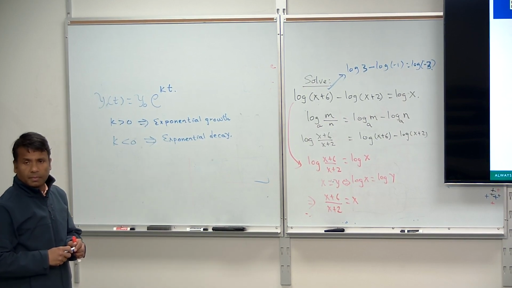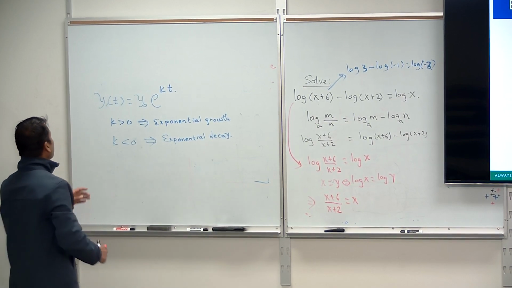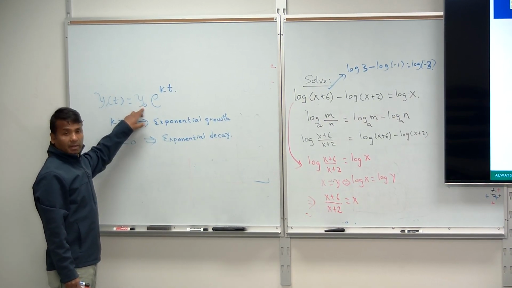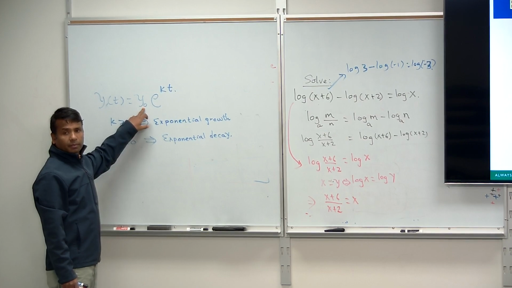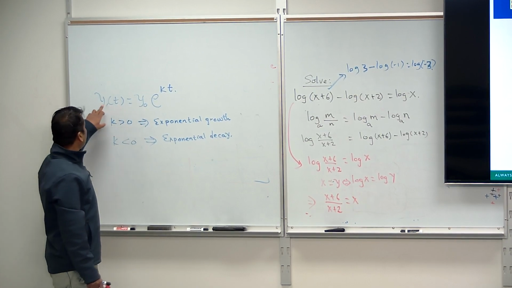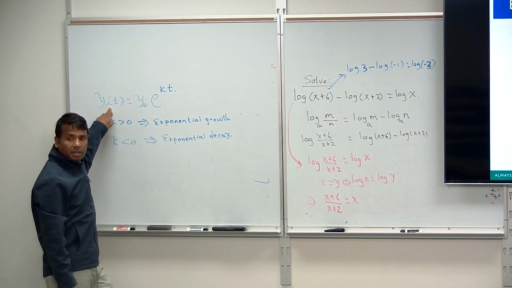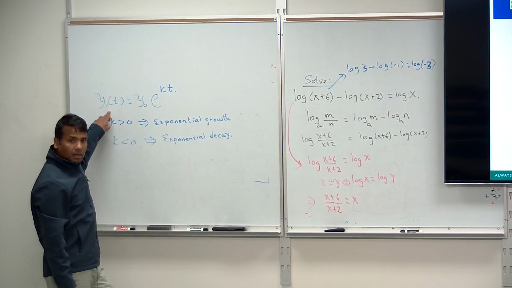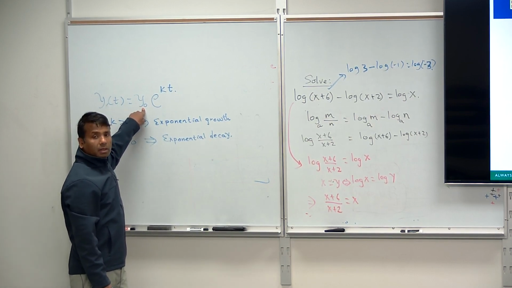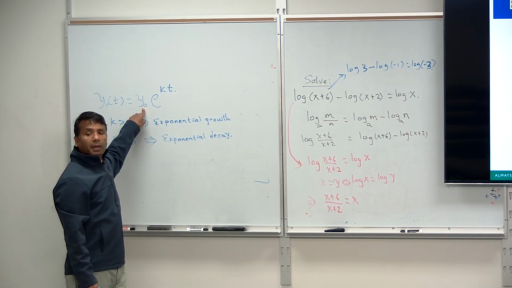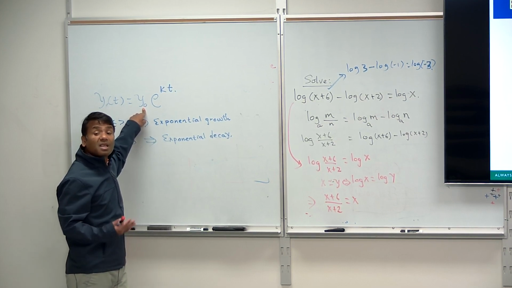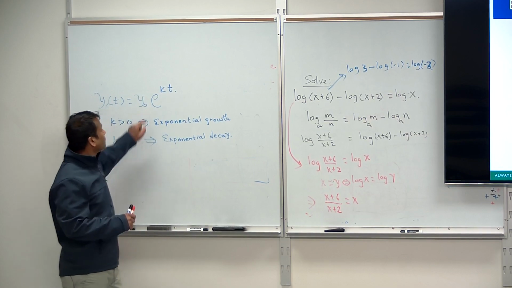Make sense? So this is the initial amount, or you can say the amount at time t equal to 0. y(t) is the amount present at time t. y0 is the amount present at the beginning, at time t equal to 0, or the initial amount.